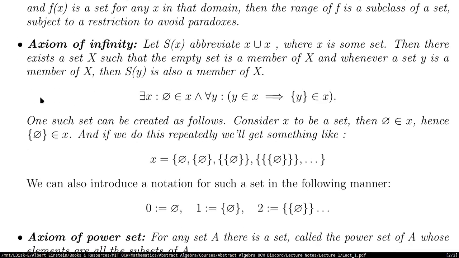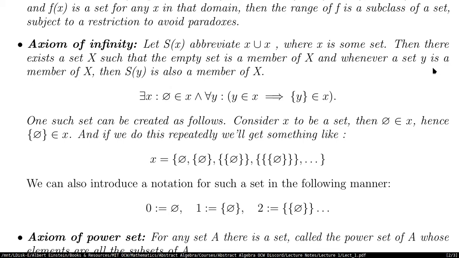Okay, so we have the axiom of infinity, which is kind of an important one. So this is what it says. Let S of x abbreviate x union x, right? So S of x is a set which contains the union of a set x with itself.